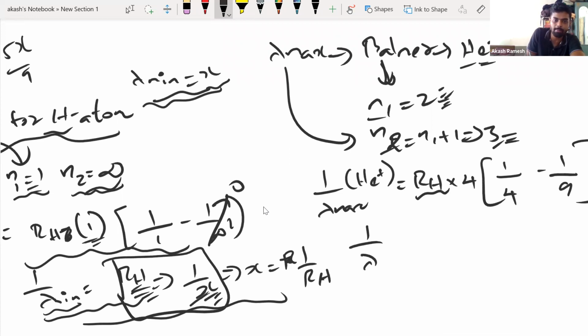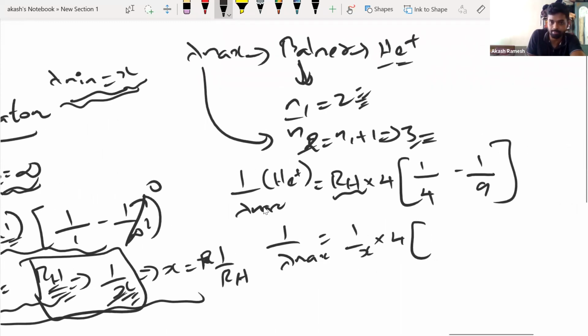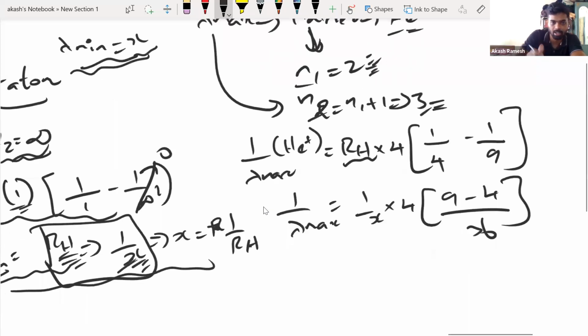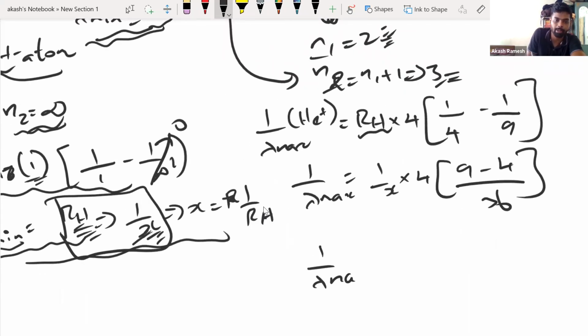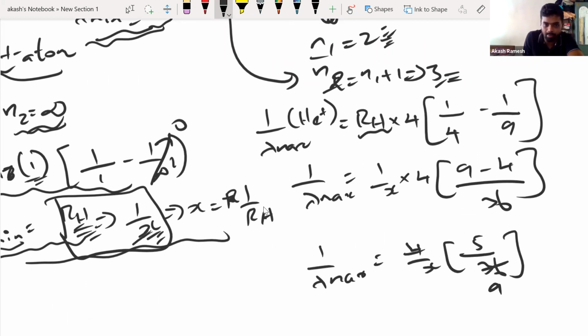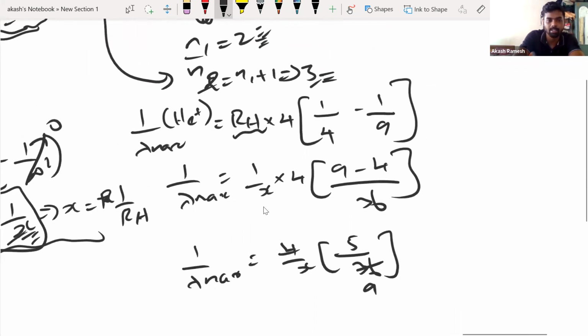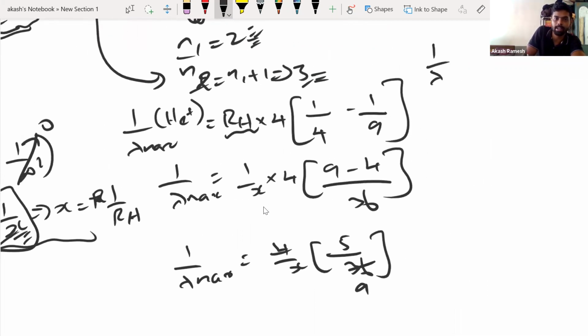So I can write it like this: 1 by lambda max for He plus, RH is 1 by X, into 4, into 9 minus 4 by 36. So I'll be getting 1 by lambda max as 4 by X into 5 divided by 36. Now this 4 and 36 will go 9 times. What I get is basically 1 by lambda max as 5 divided by 9X, right?